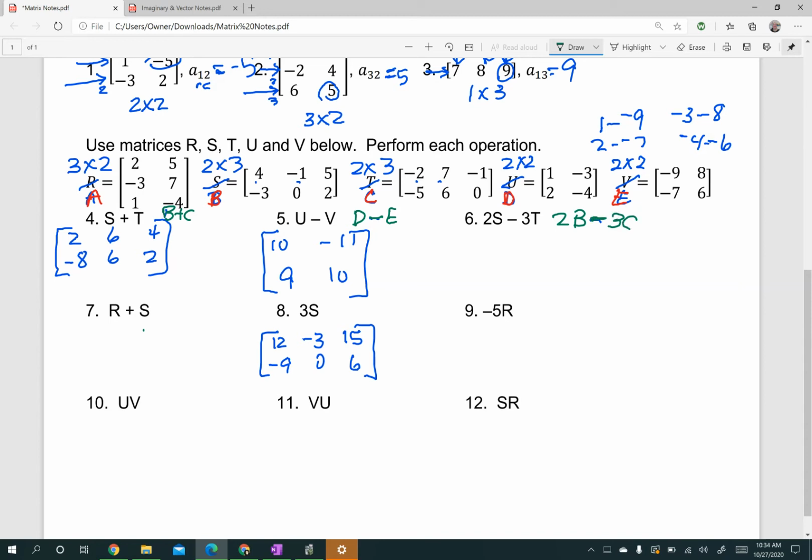So R plus S will be A plus B, 3S would be 3B, negative 5A. This will be DE, this will be ED, and this will be BA, okay?